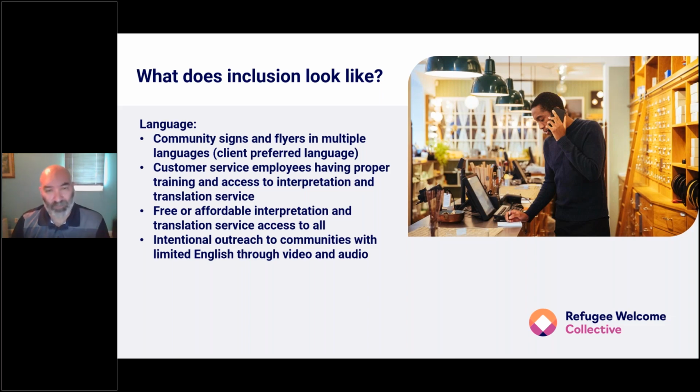Not be rude and just say, oh, I can't deal with you because you can't speak English. But how can they be trained? What sort of resources can be put in place so that they know what to do and how to be more welcoming and accommodate those who might have lower levels of English and may need an interpreter or other things like that.